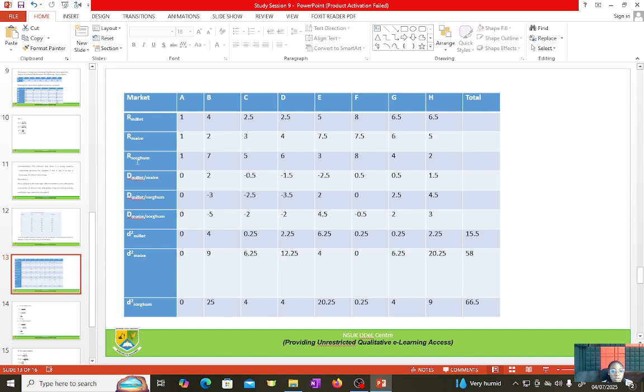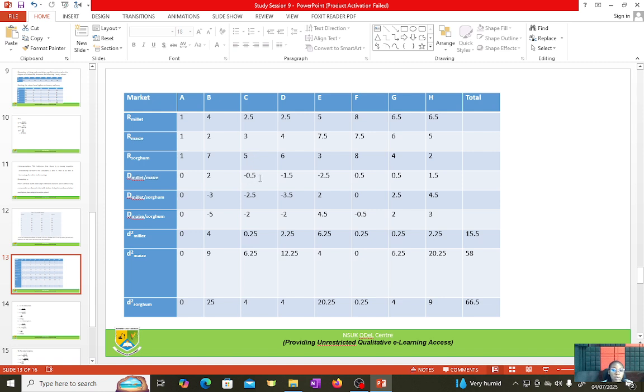And in order to do that, we need the rank differences. So the difference in rank between millet and maize is as shown. That's subtracting the ranks, that's the difference between the ranks of millet and the rank of maize. 1 minus 1 gives you 0, 4 minus 2 gives you 2, 2.5 minus 5 gives you minus 0.5.